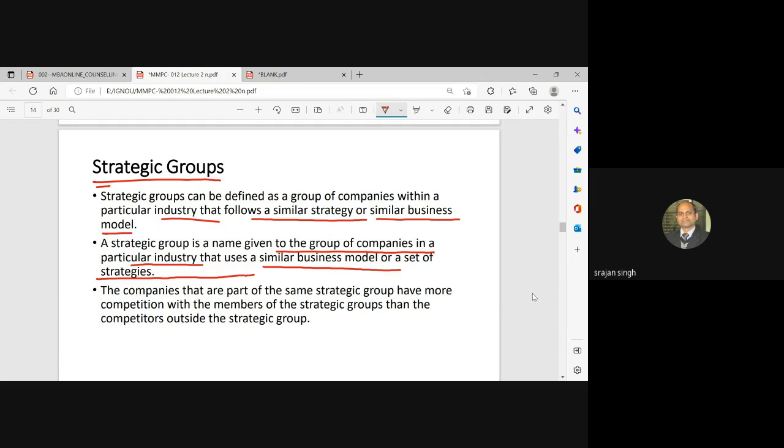It means if in an industry there are some firms that have a similar business model or similar set of strategies, we'll discuss it later in the next slide, then all these companies are known as a strategy group, right?